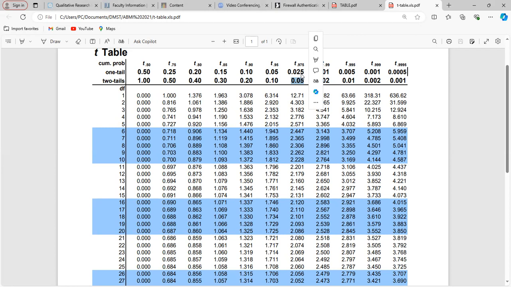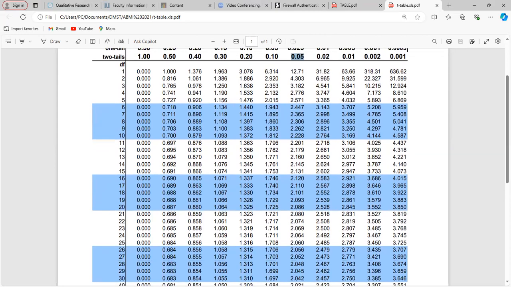You read the entire level of significance under two tails. But if you want to use one tail, then you just use 0.025, up here. Then you come down to 27 degrees of freedom, here.